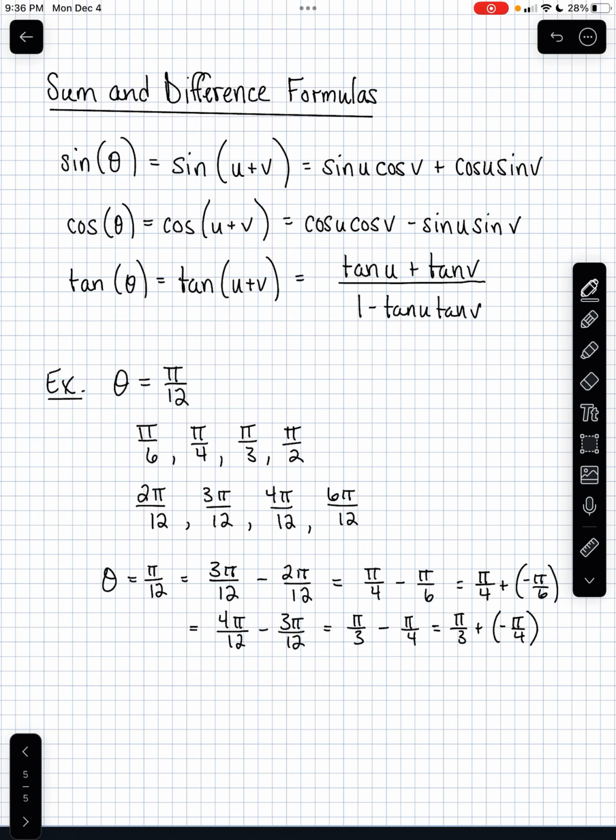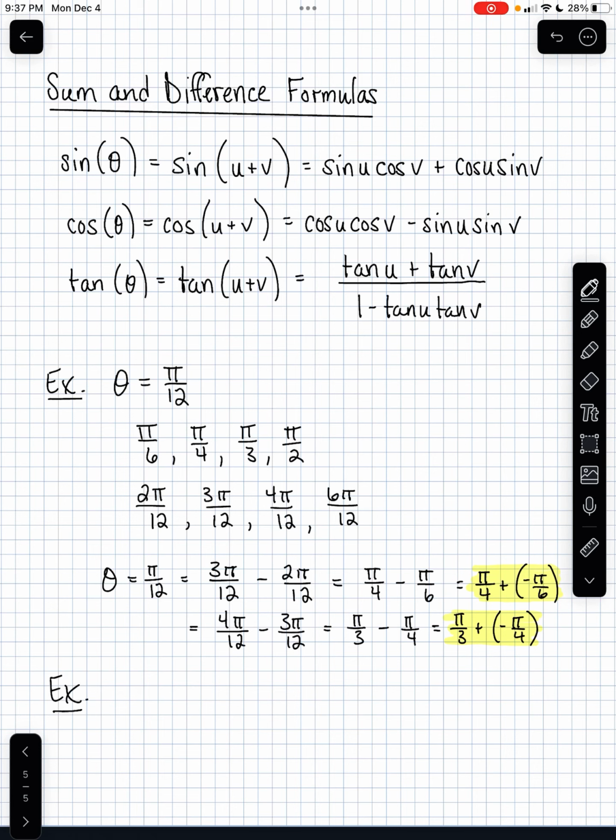So we have two different ways that we can write pi over 12 in terms of common angles. Now, admittedly, degrees are probably a lot easier to work with in terms of finding a sum or difference of two angles.